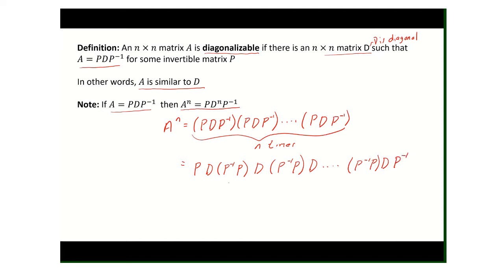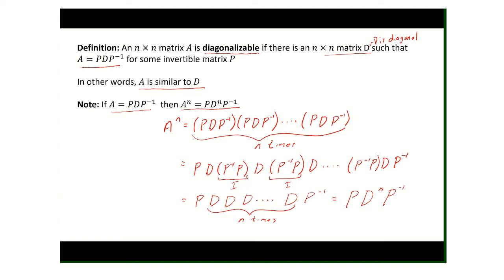But note now, each P inverse times P is the identity, and so forth. So you can simplify this to P times D times D times D, and so on, times D times P inverse. D is in there n times. So that's equal to P times D to the n times P inverse.